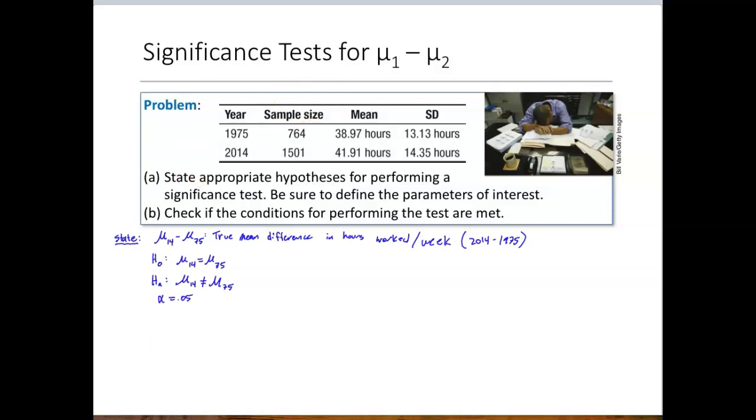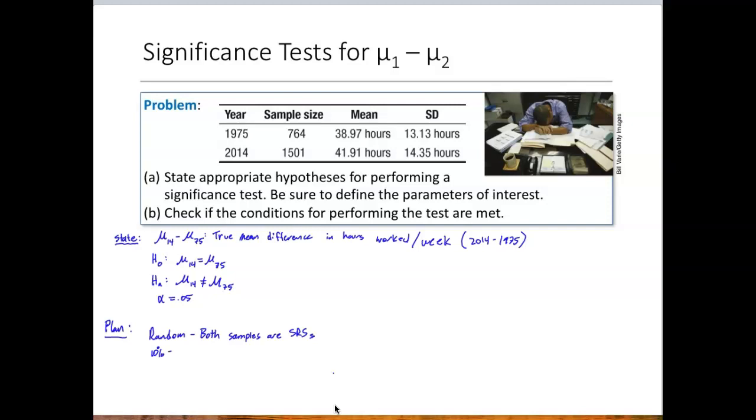All right. Let's check our conditions, plan. All right, so random. Both samples are SRSs, simple random samples. Okay, so 10%.